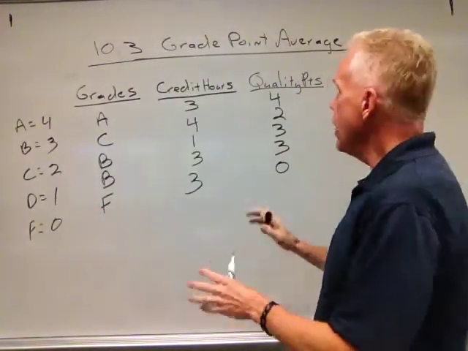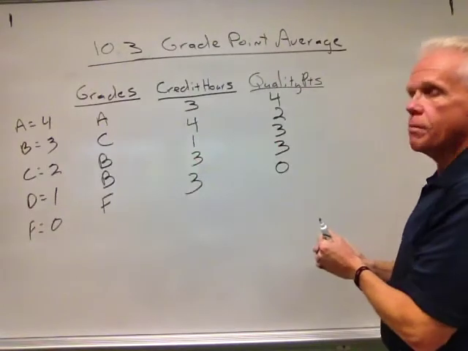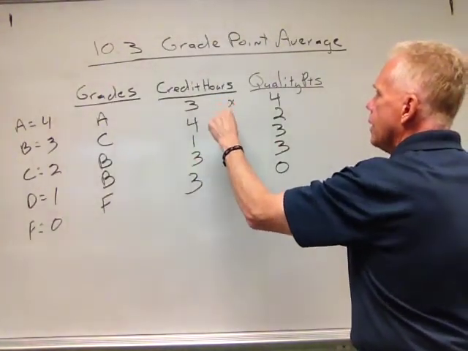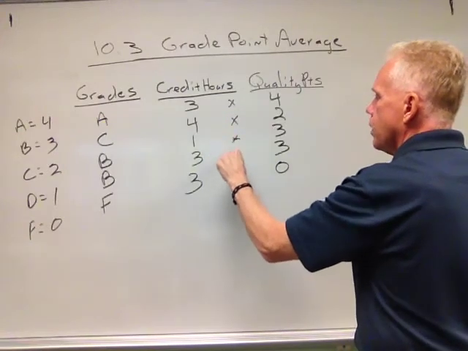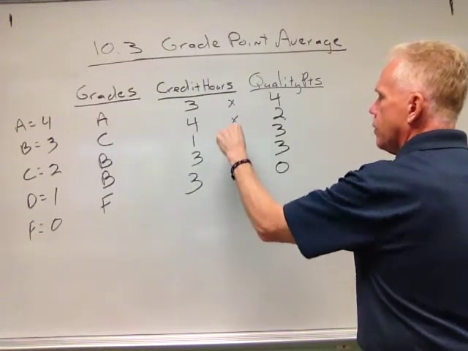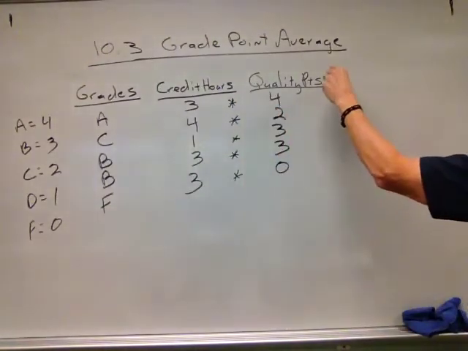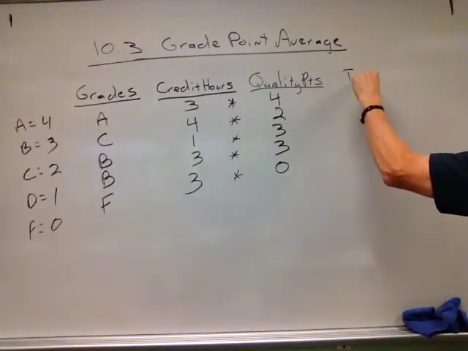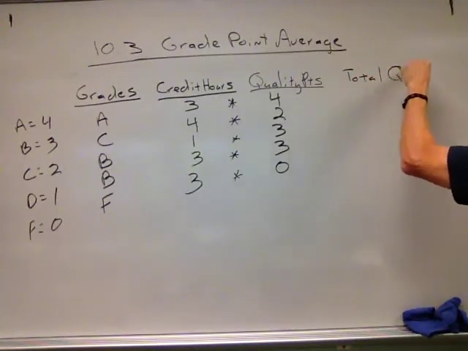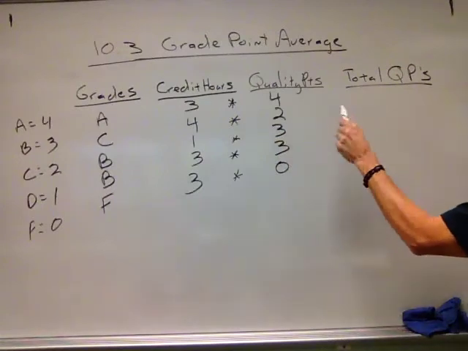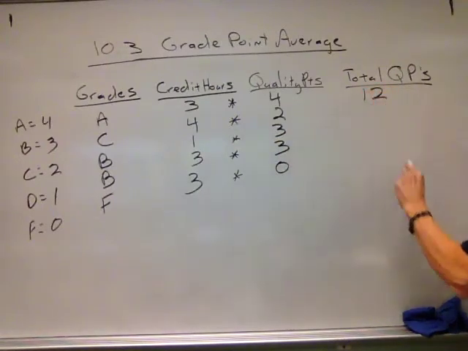So what we want to do next, after we assign the quality points based on the grade, is multiply the credit hours that we got times the quality points to end up with total QPs, total quality points. In this course, we get 12 total quality points.